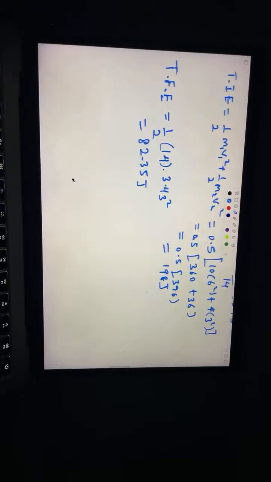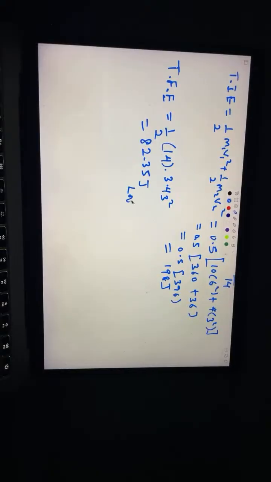So hence the loss in energy will be 198 minus 82.35, which gives approximately 115.65 joules. So that is the amount of energy that was lost in the process, 115.65 joules.